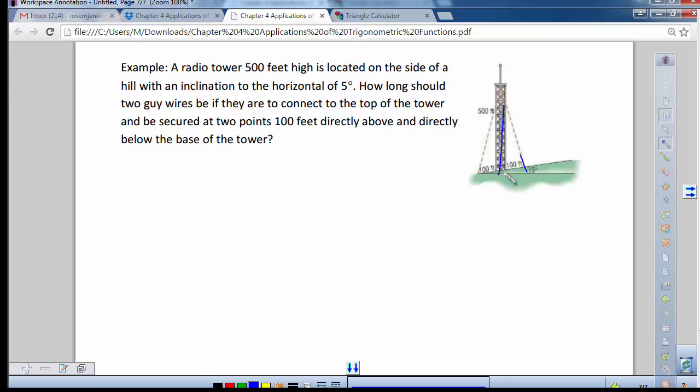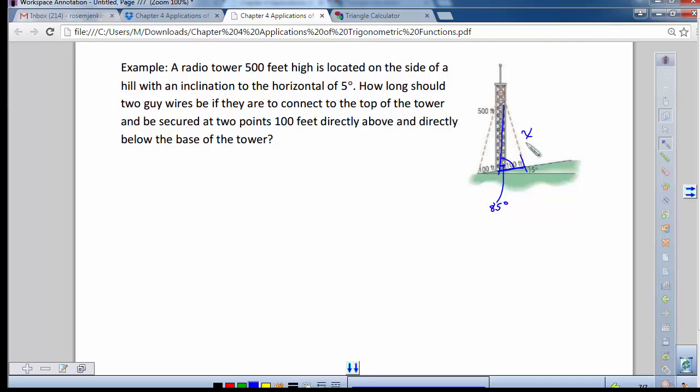So this doesn't turn out to be, of course, a right triangle. We've subtracted off 5 degrees from this inside angle, and so we get a measure of 85 degrees here. All right. The distance from the tower to the wire is 100 feet, and what we're trying to figure out is the length, we'll call it X, of this guy wire.